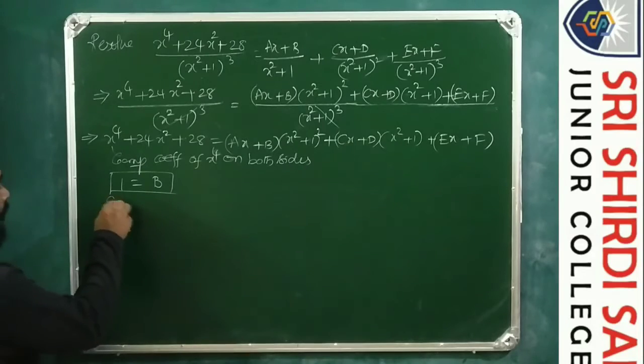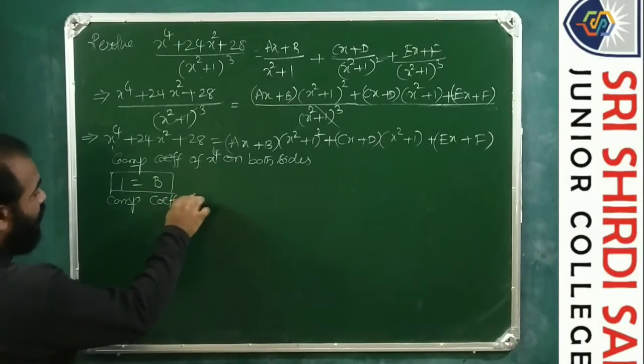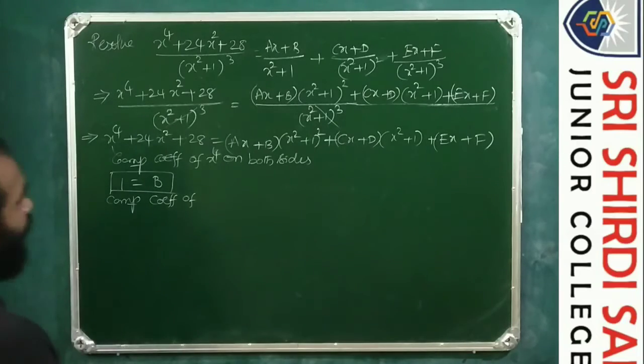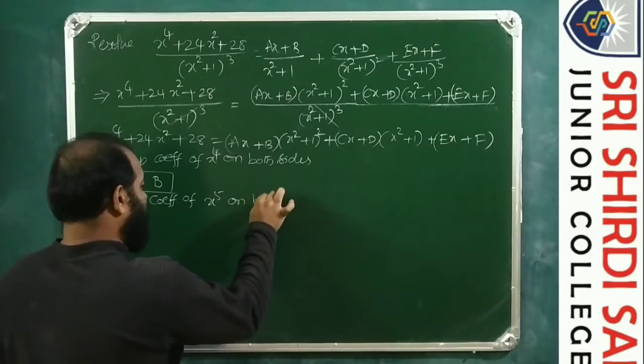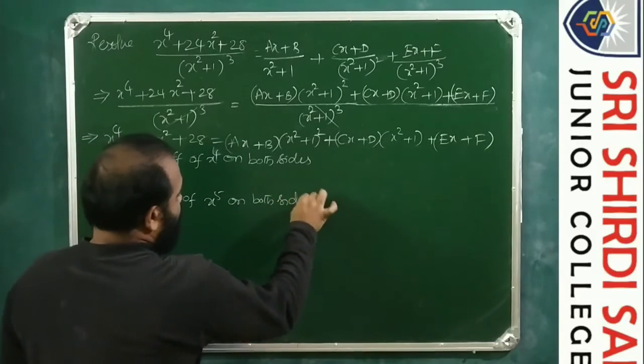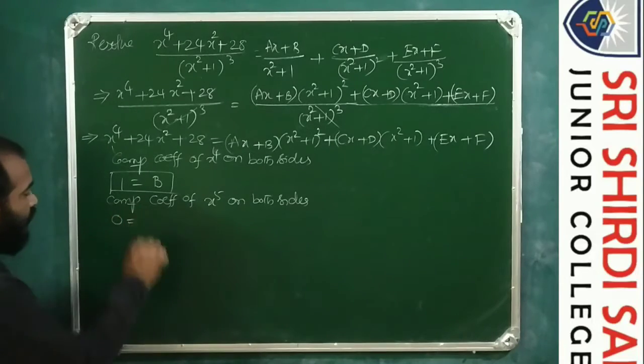Now, comparing coefficients of x power 5 on both sides. We don't have any x power 5 term here, therefore the coefficient of x power 5 is 0.